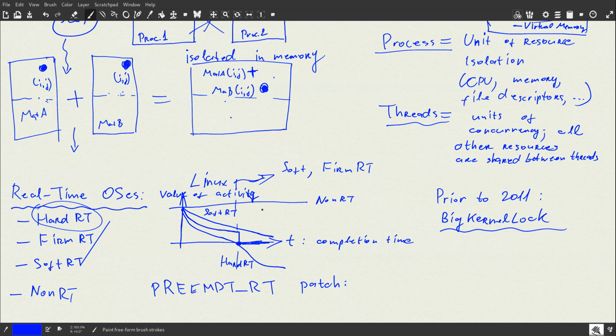So obviously, this predictability comes at a cost. It might even be, and it is typically the case, that without this predictability, on average, your response time from the operating system would even be faster. It is on average faster, but in the worst case, unbounded from above.